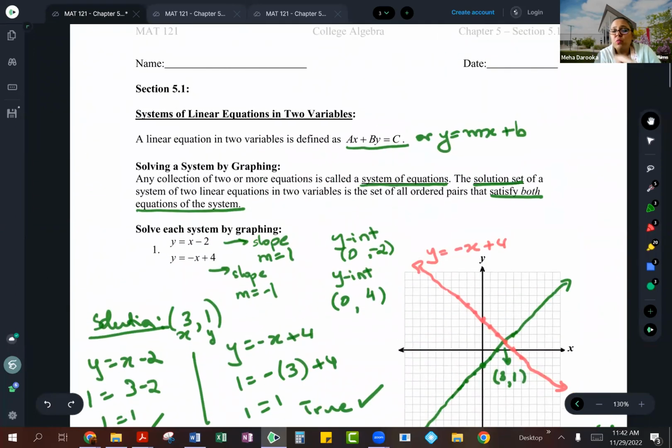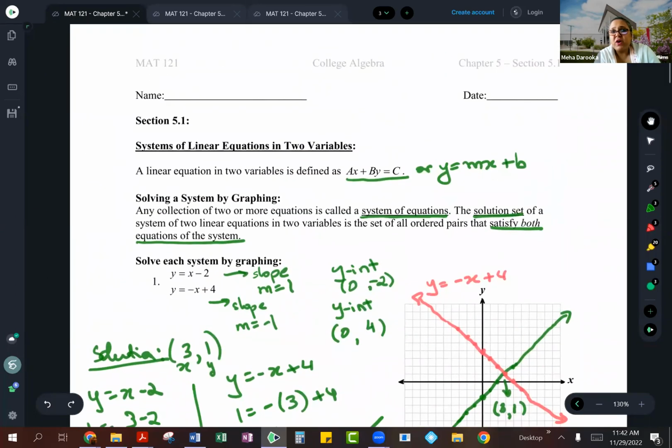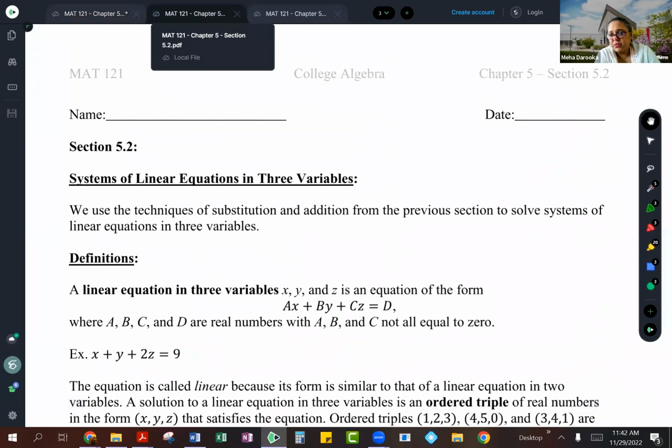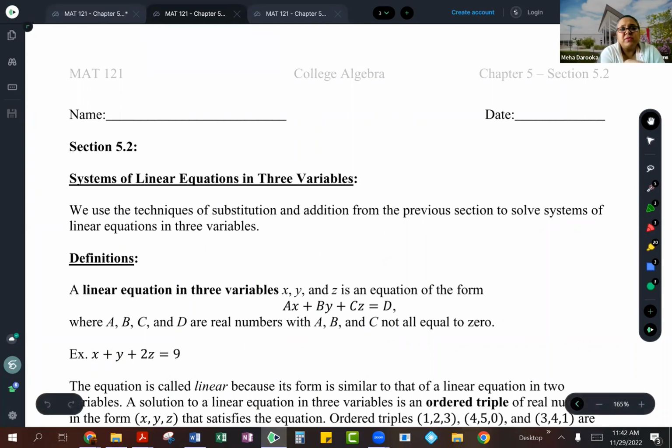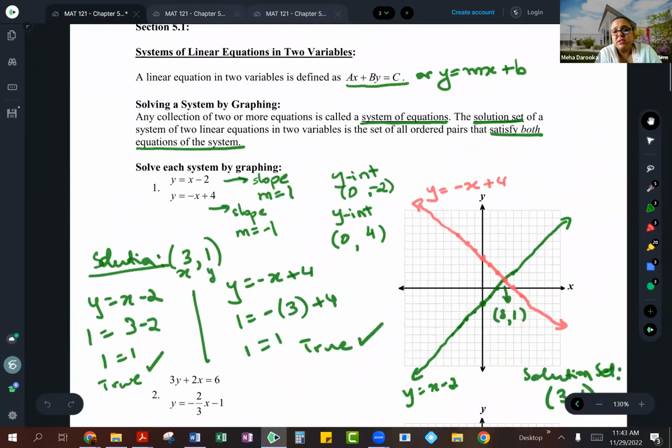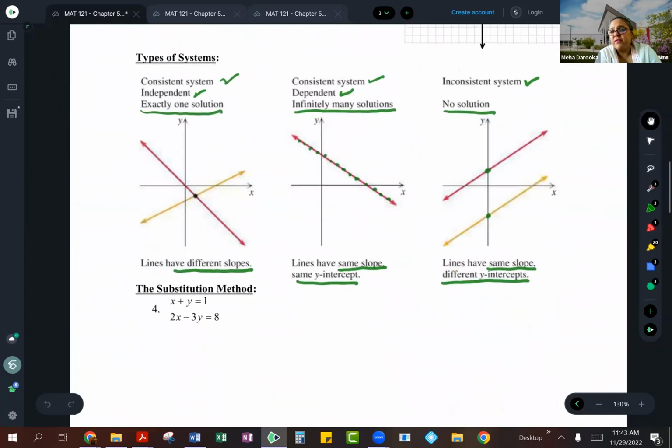But there is no homework, and you're not going to be tested on 5.1. Remember, guys, this is just a review section just to get you comfortable with the 3 methods of solving these. You are actually starting out with section 5.2 in your homework and your exam. But before we move on to 5.2, did anybody have any questions in just what we have reviewed so far?